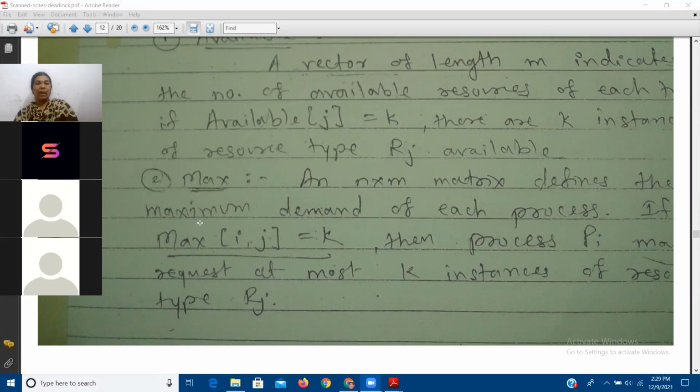So how to read max of Ij is equal to K? Process Pi requires a maximum of K instances of resource type J.